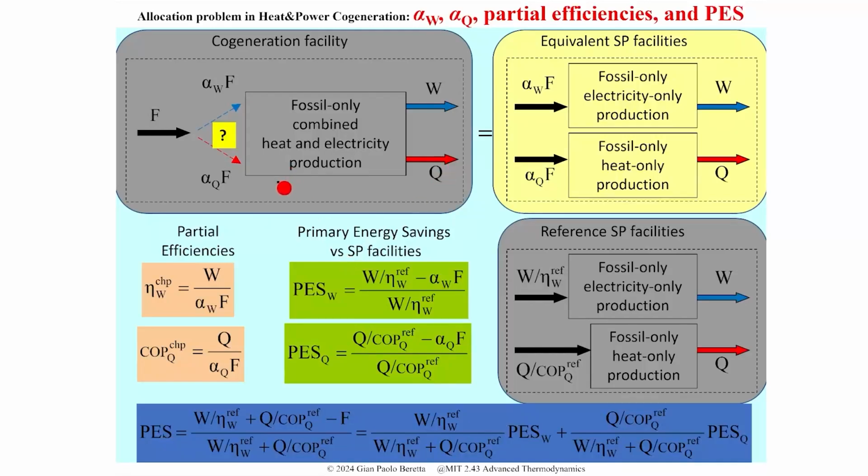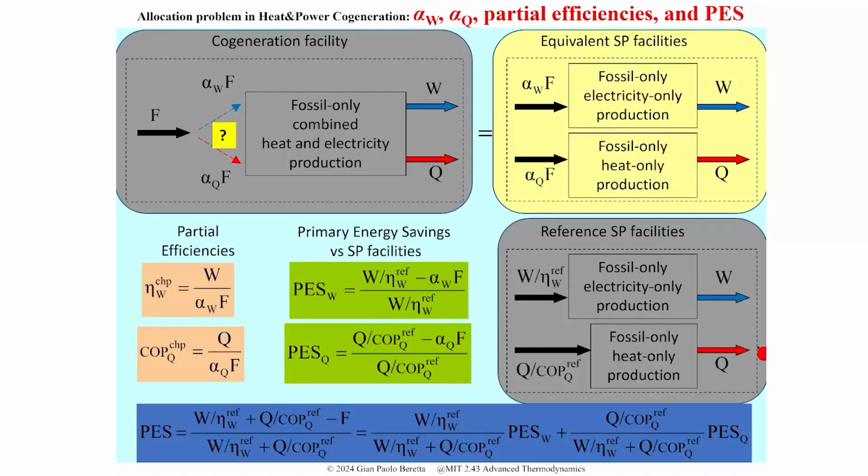And each one has its pros and cons, and in particular, in order to evaluate these, it is interesting to see the primary energy savings, because cogeneration does allow you to reduce the overall fuel consumption compared to separate production facilities.